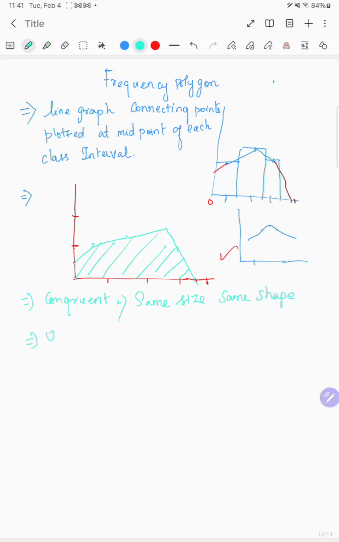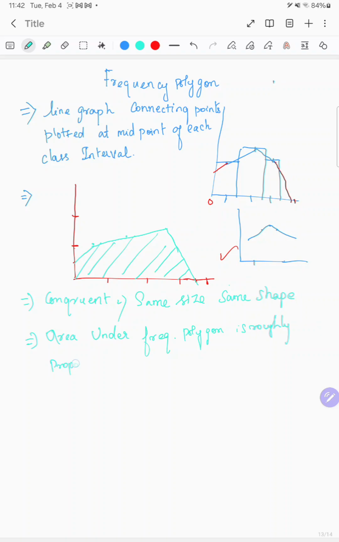So area under frequency polygon is roughly proportional. Sorry, I had written equal. I have to write roughly proportional only.